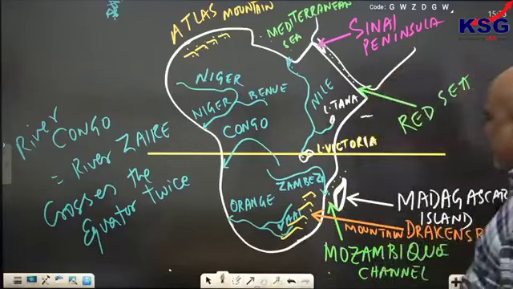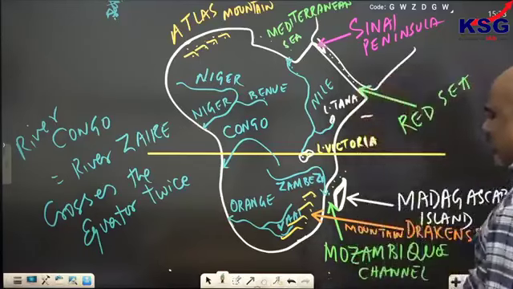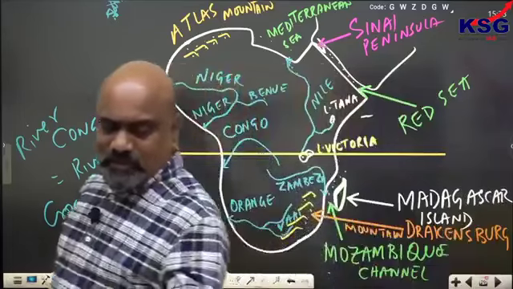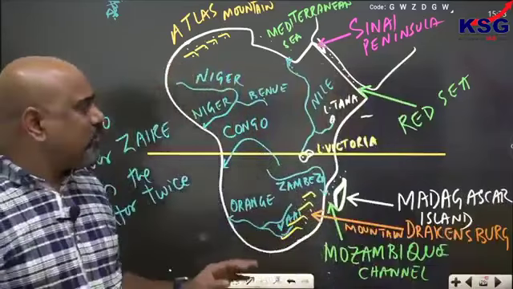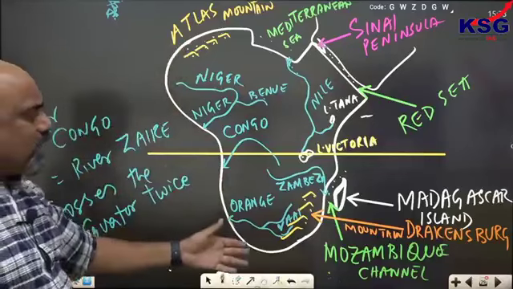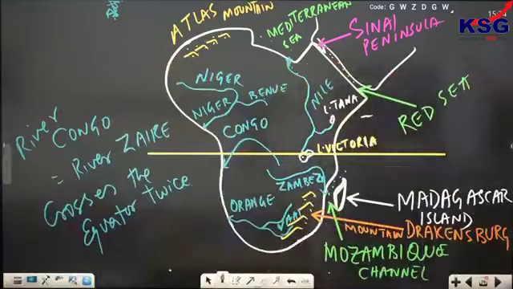माउंटेन में you have two mountains. One is Drakensberg, another one is Atlas mountain. Atlas mountain is a fold mountain, but Drakensberg is a block mountain type. It is a different one.